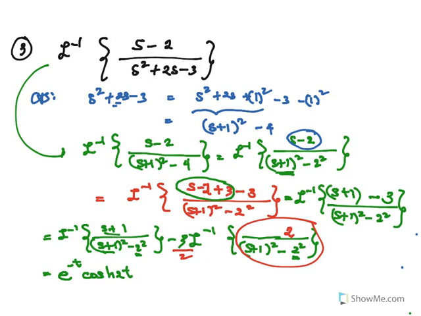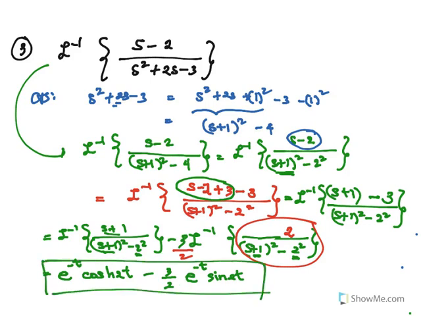So you have here minus 3 over 2 sine 2t. But since you have here s plus 1, shifted at a equals negative 1, so you have a multiplier of e to the negative t. So this is your inverse Laplace transform.